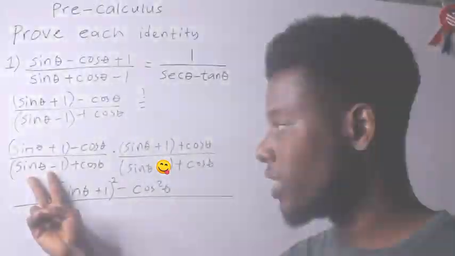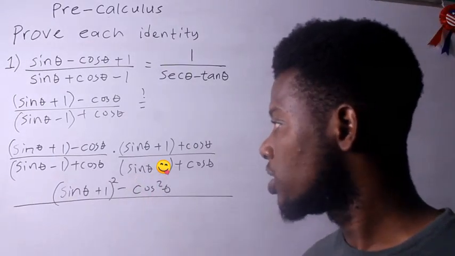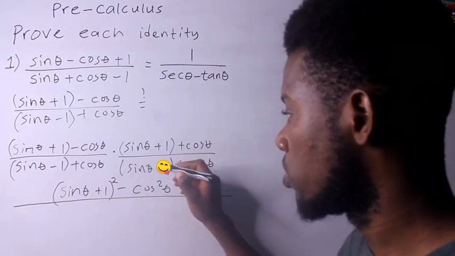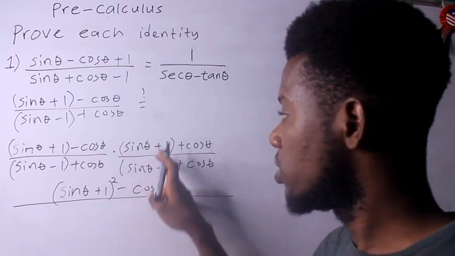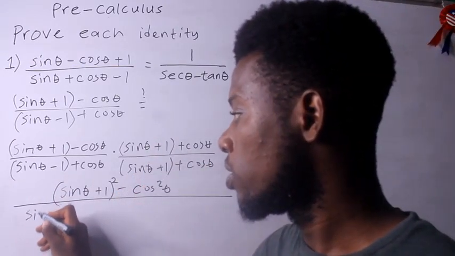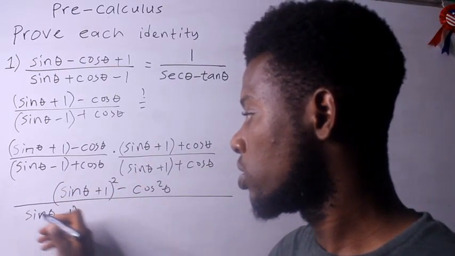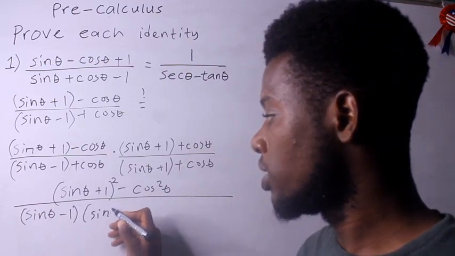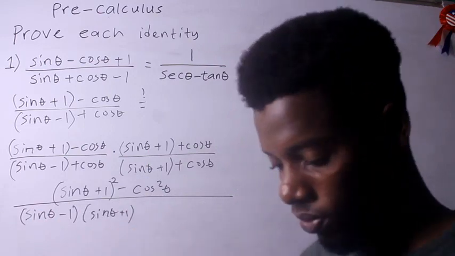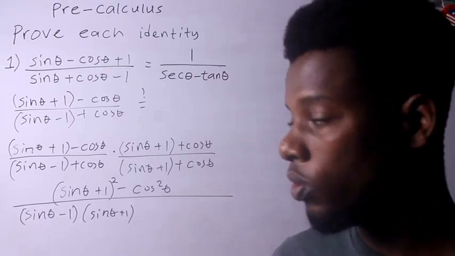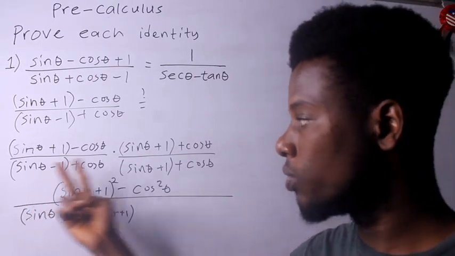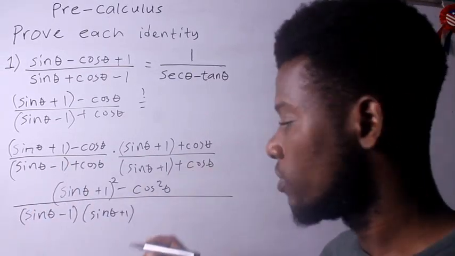Now multiply sin theta minus 1 times sin theta plus 1. If we do that, we have sin theta minus 1 times sin theta plus 1. Great. Now, once we do that, the next thing to do is to multiply sin theta minus 1 times cos theta.